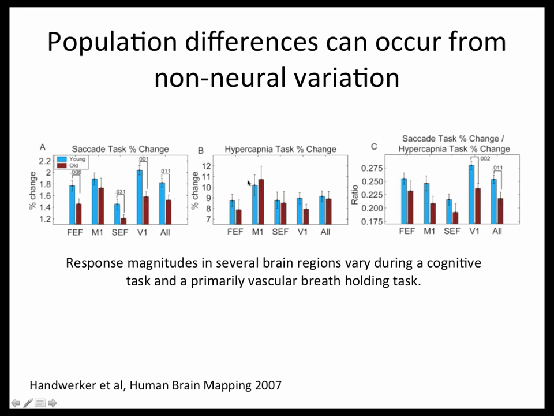When I did that breath holding task, which is sort of a measure of global vascular activity, we could see there were also some variations between younger and older. And when I divided by it, we're still seeing the same effect, but it's not quite as significant. So it's saying that some of this variation we're seeing in the young versus old might be explained by vascular differences between the younger and older population. And we only know that because we collected this global measure.